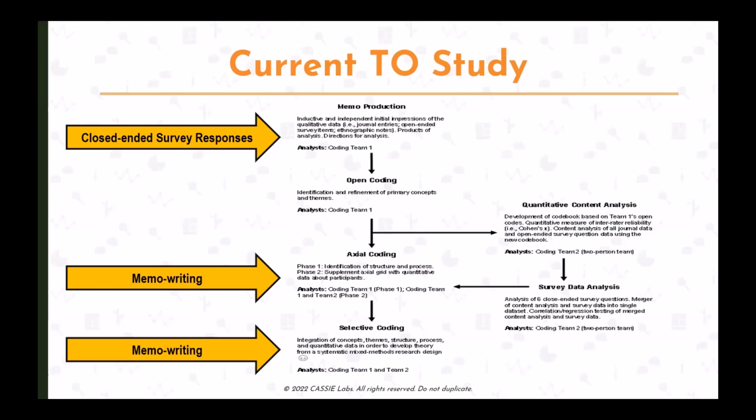How that will manifest, it may not manifest as nuanced as it does here because memoing is designed to extract those themes, but I think memoing can also be useful in helping us settle on a final process and a final structure. And memoing can help us finalize how the other concepts fit within that process structured grid. And we can have conversations through that, through the act of memo.